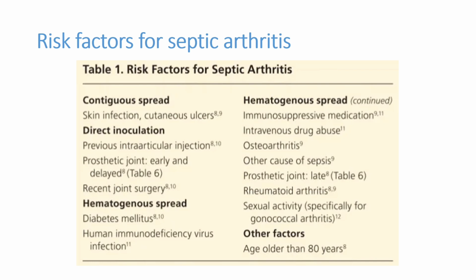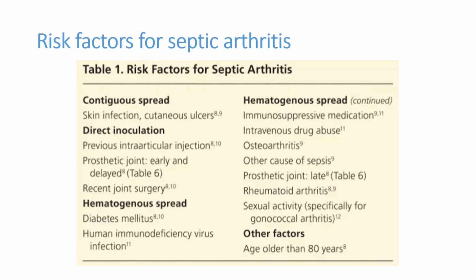These are the risk factors for joint infections and septic arthritis: infection from skin, previous intra-articular injections, prosthetic joints, joint surgeries, diabetes, HIV, previous osteoarthritis, rheumatoid arthritis, gonococcal infections, that's a sexually transmitted disease, and age more than 80 years.